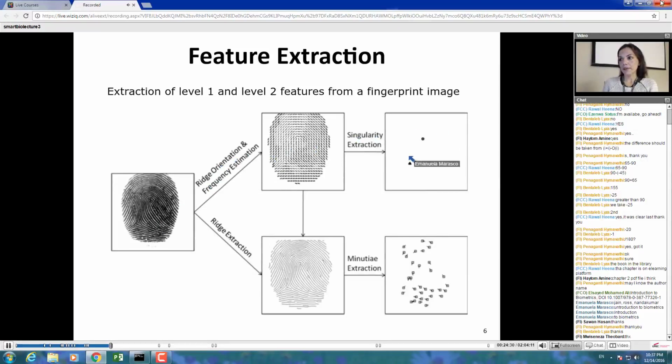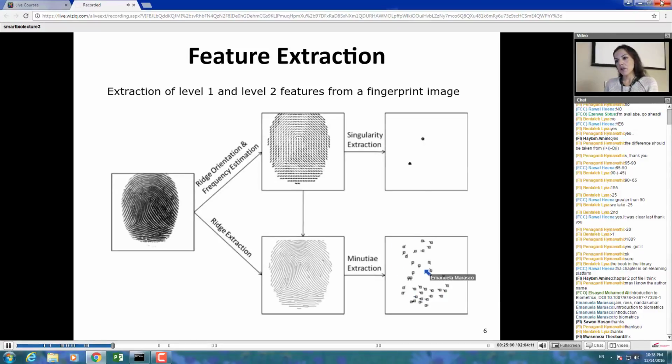What we are doing now is, from level 1 feature extraction, we move to level 2 feature extraction. So we saw last time we discussed the minutia extraction as well, and then we know how to obtain this representation, more detail at level 2 of the features.